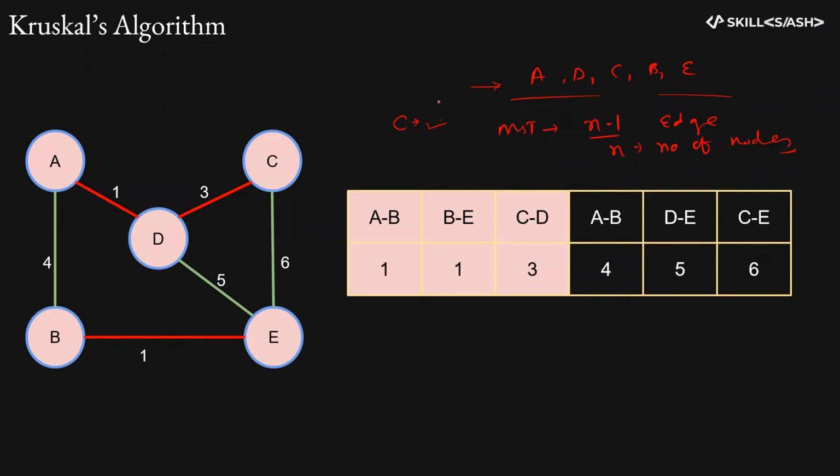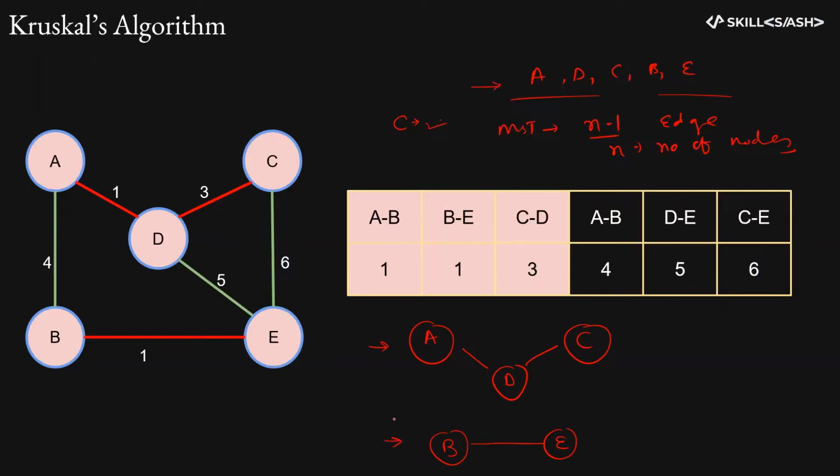So we understood not only from the definition, but also from the visualization that this spanning tree is not connected. If I draw the spanning tree, it will be something like this. A is connected with D, D is connected with C, and B is connected with E. So it is two disconnected components. They are not one graph, they are two disconnected graphs, right? This is one graph and another is another graph.